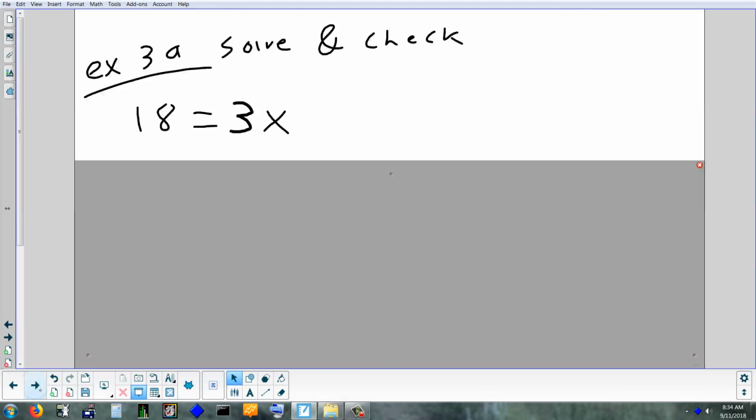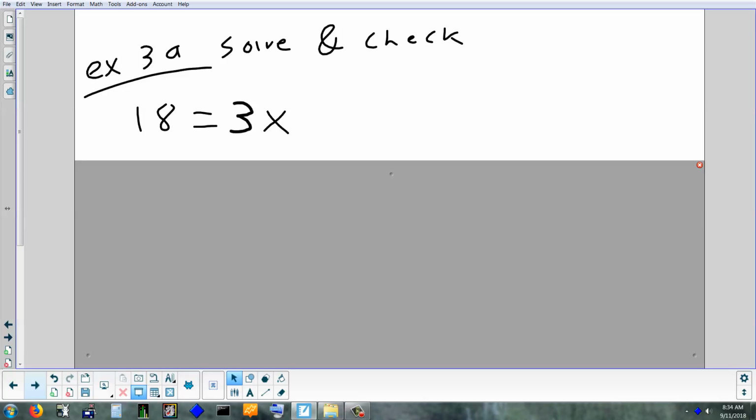So just be careful. All right, so let's look at this one. Solve and check. Okay, 18 equals 3x. Now, is that a fraction in front of the variable? Is 3 a fraction? What do you think?